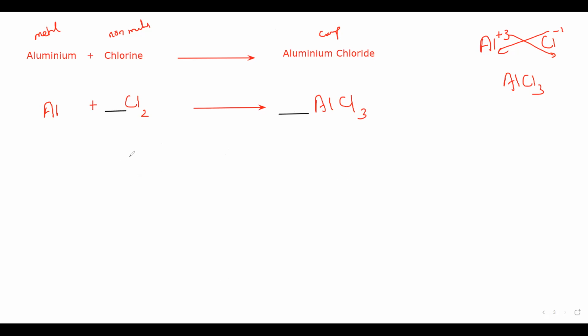When you see chlorine, on the left hand side you have 2 chlorine, and on the right hand side you have 3 chlorine. To balance, we can only write the number before the element or before the compound.